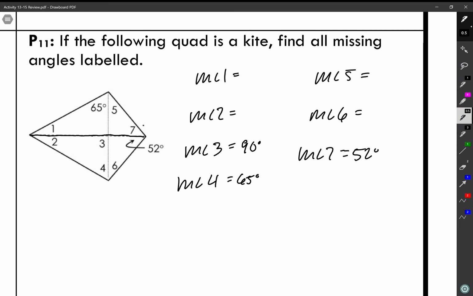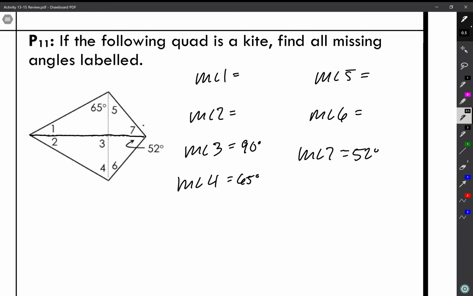So all I really need to do is subtract 65 from 90 to get the measure of angle 2. Or you can do 90 plus 65 is 155. Subtract that from 180. You'll get that the measure of angle 2 is equal to 25 degrees.